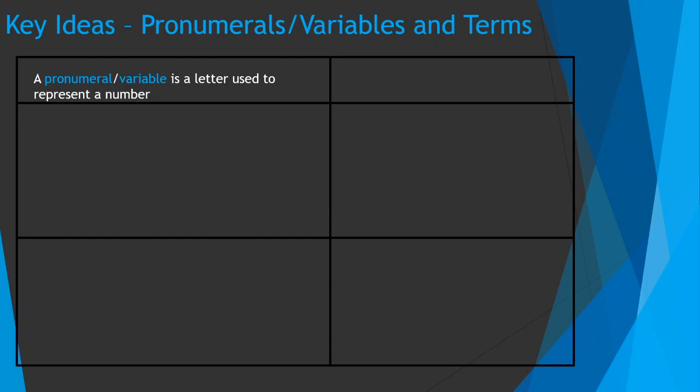For example, we're trying to find the number of goals kicked or the amount of money spent. That's something unknown. And if we don't know what that is, we usually represent that with a letter from the alphabet. And usually we use the letter X. No real reason why, but you can pick any letter you want if you get the chance to pick. And it can be any letter from the alphabet.